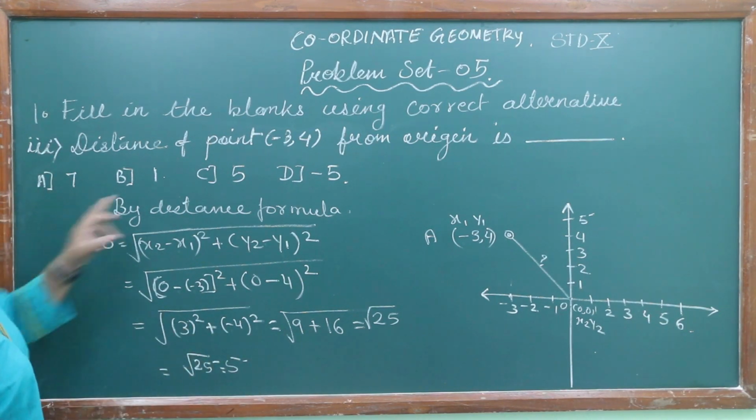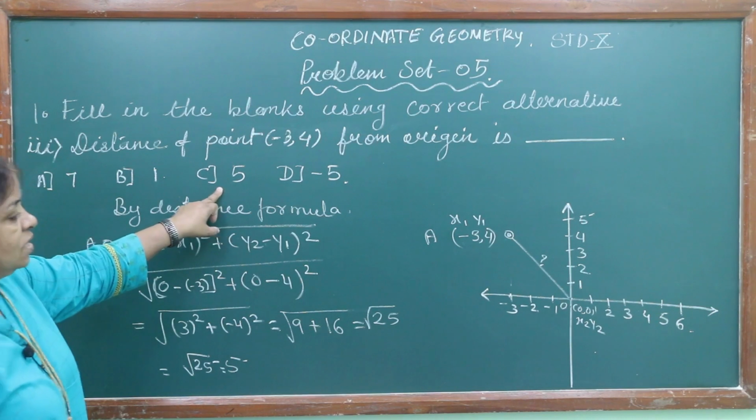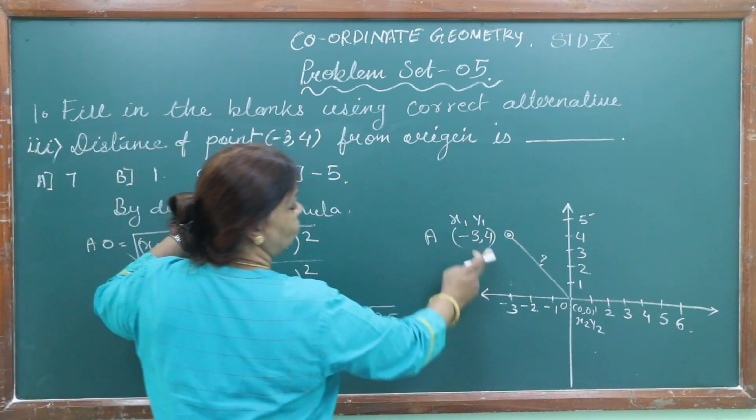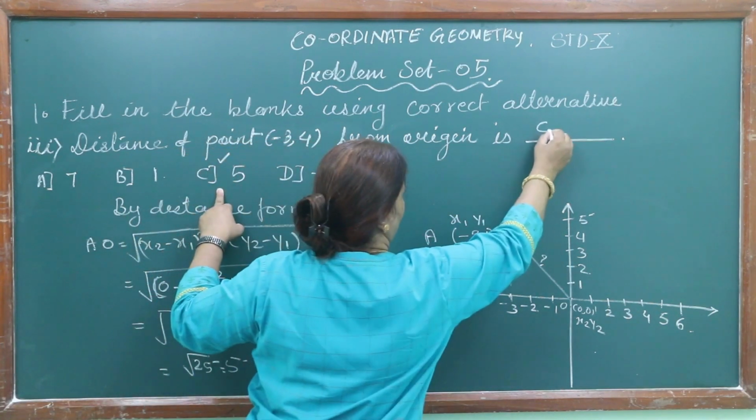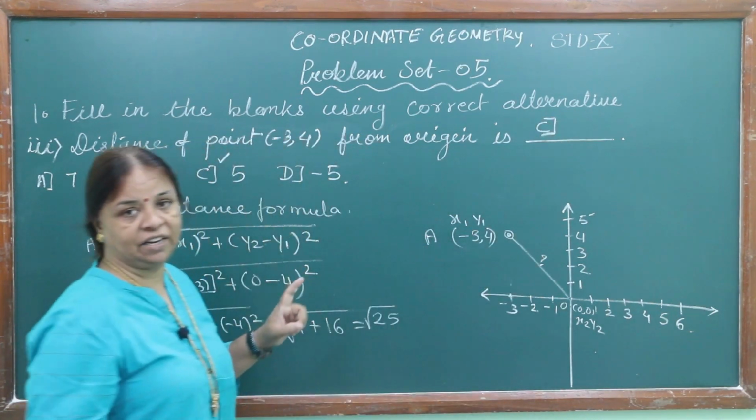So the distance of the point -3, 4 from origin is going to be 5. So option C is the correct option.